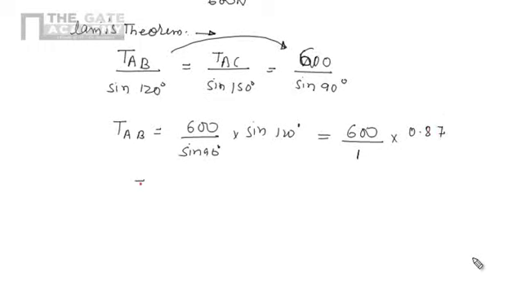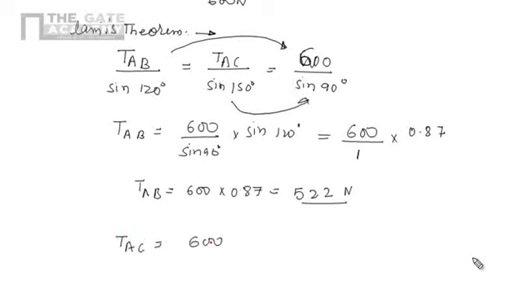So TAB will be 600 into 0.87, and if we multiply 600 by 0.87, we will get 522 Newton. Similarly, if we consider the other two terms, we can get the value of TAC. It is 600 divided by sine 90 into sine 150 degrees.